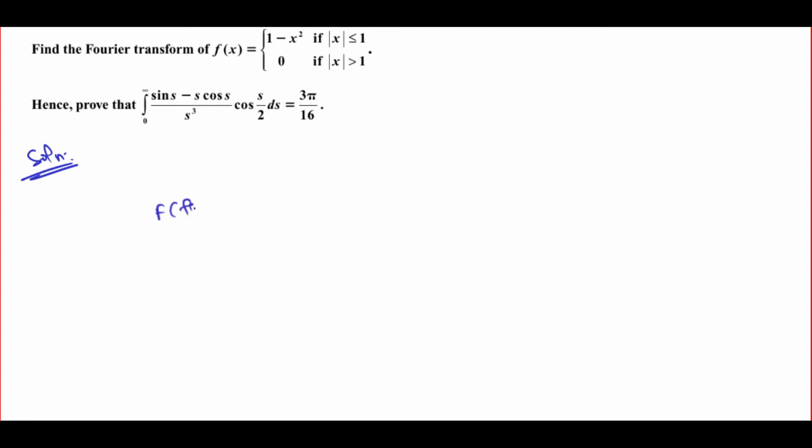Capital F of f of x, or in other words F of s, is equal to 1 divided by square root of 2 pi into the integral from minus infinity to plus infinity of f of x into e to the power isx into dx, right? So that's the definition of the Fourier transformation.